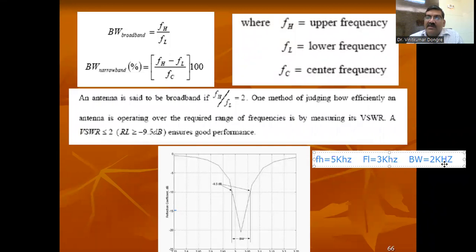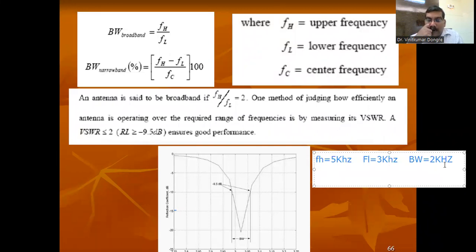But I'm giving the same example, it's a different example. Now my another FH is again equal to 5 megahertz, and FL equals to 3 megahertz.